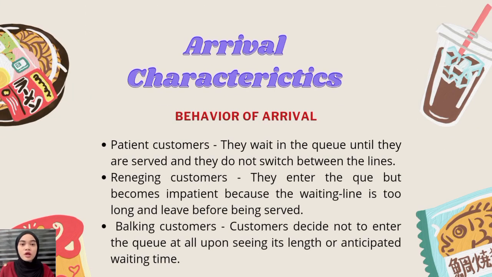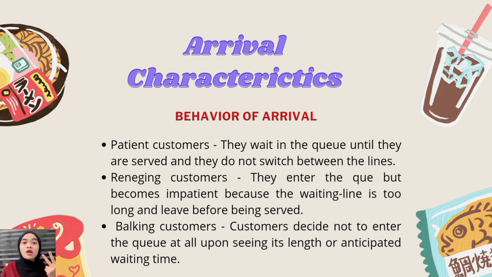Moreover, behavior of arrival. Here we have three types of behavior of arrival. First, patient customers, who wait in the queue until they are served and do not switch between the lines. Second, reneging customers. They enter the queue but become impatient because the waiting line is too long and leave before being served. And third, balking customers.